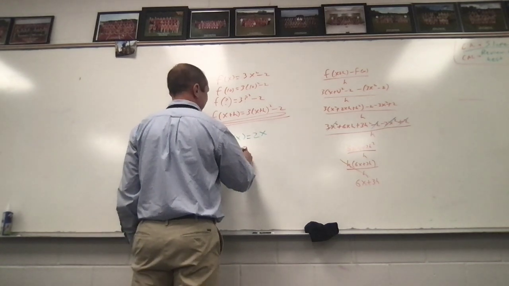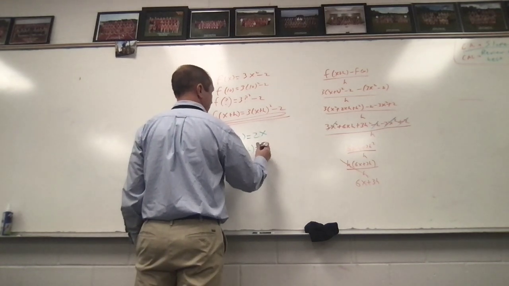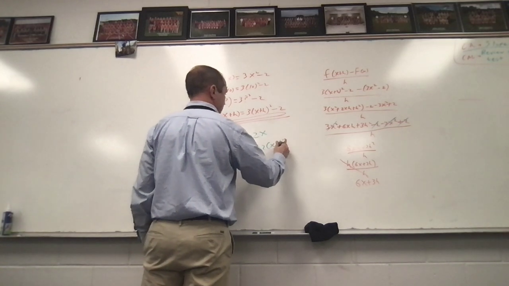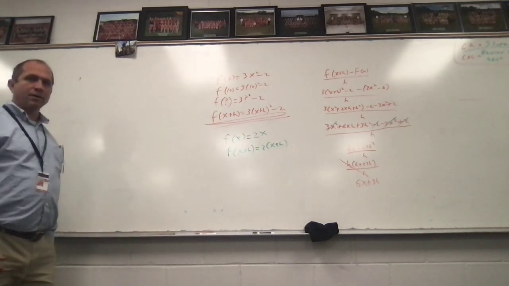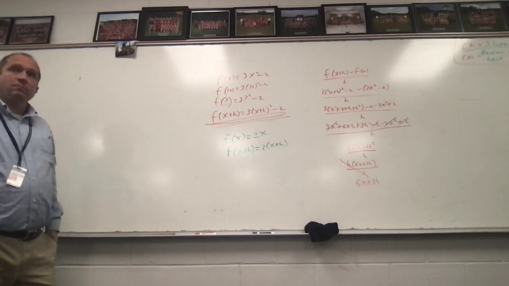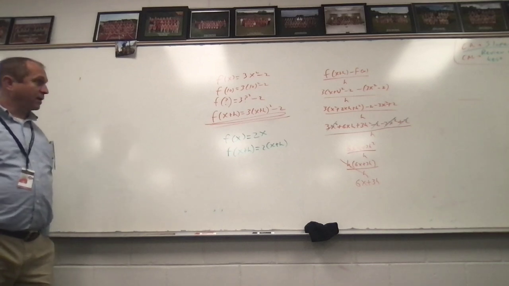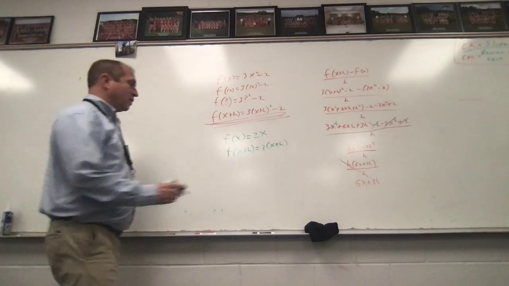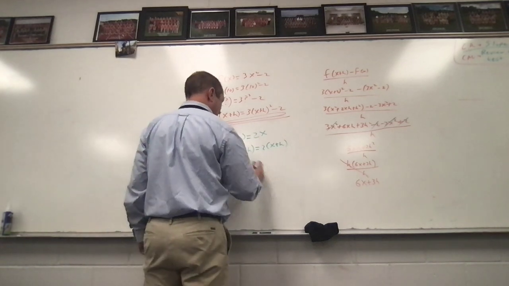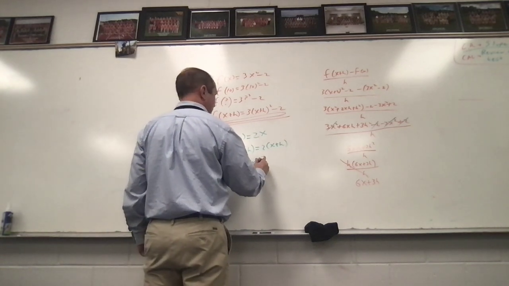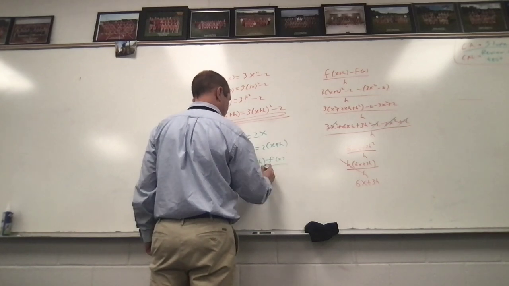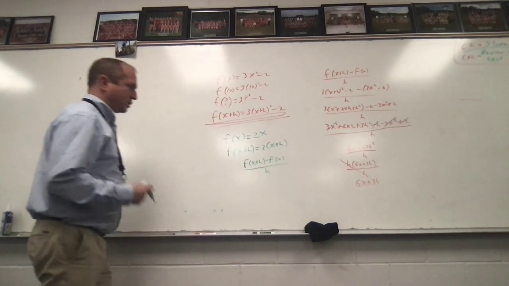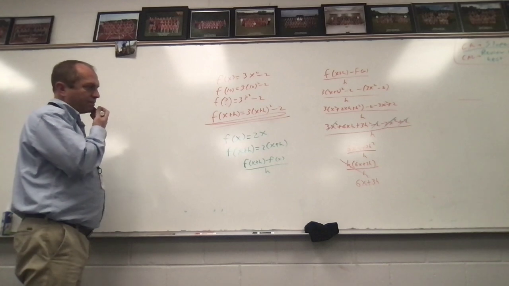So it's f of x plus h, and that would be 2 times x plus h. Are we good with this? Yes. All right. So now I just like writing this out until I get the hang of it, just because it helps me organize my thoughts.